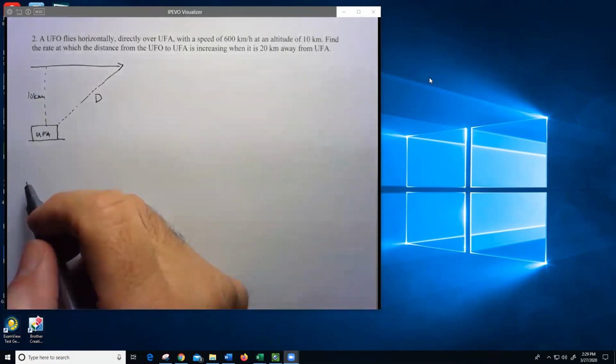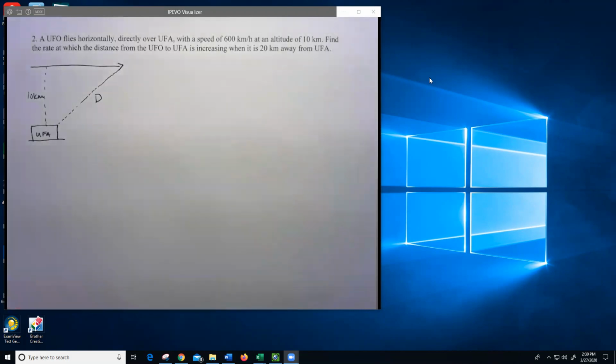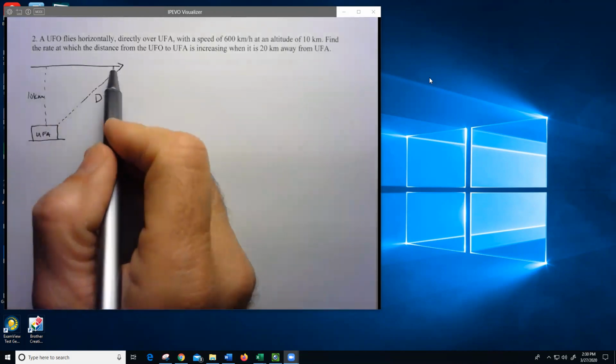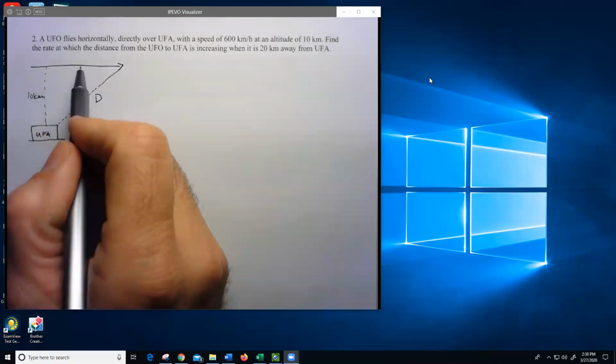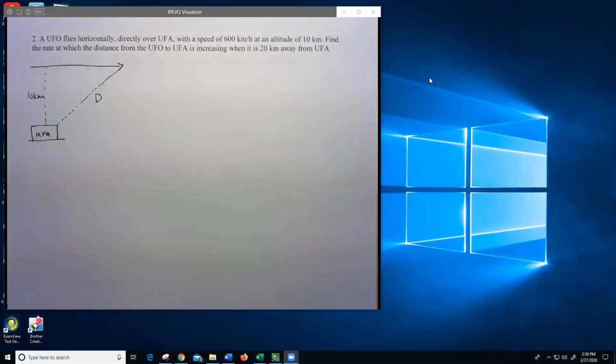If this is a related rates problem, what other rate have I already been given? Yes, they're giving me the speed of the plane. They're telling me how fast this UFO is moving along in this direction. Is there something you see in this diagram that would be of use?